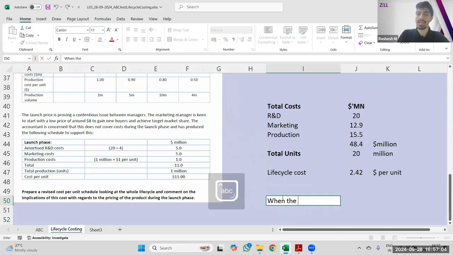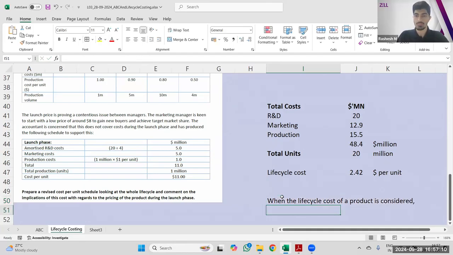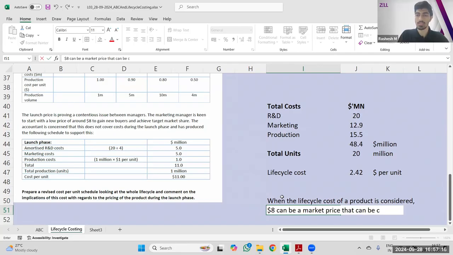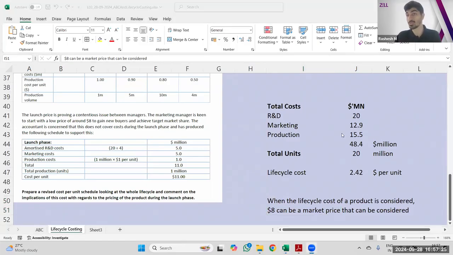So when the life cycle cost of a product is considered, $8 can be a market price that can be considered. That is simply life cycle costing. Very, very simple chapter. Calculations are always going to be this simple.